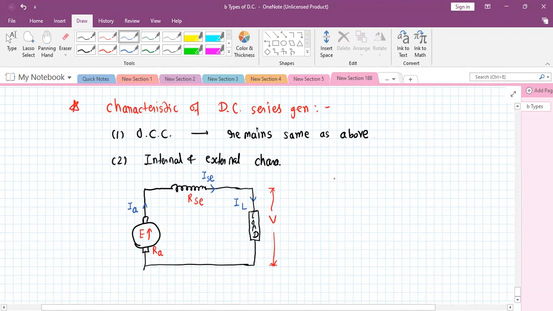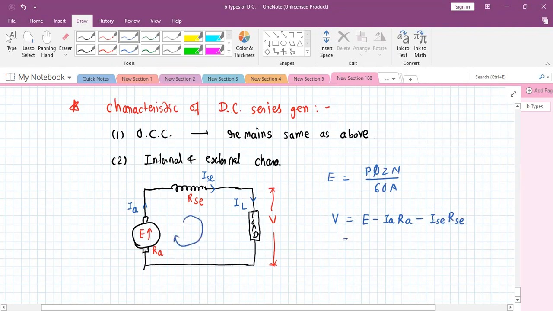So which equations you have to keep in mind? E is equal to PφZN upon 60A, and the second equation is V is equal to E minus IA RA, the drop occurring in the armature winding, minus the drop occurring in the series field winding. Yes or no? Because see, this is the loop.